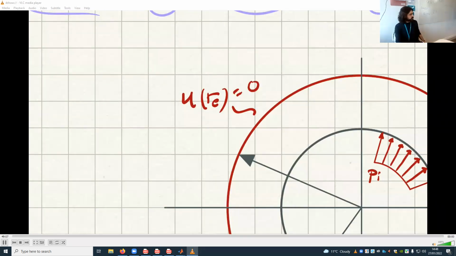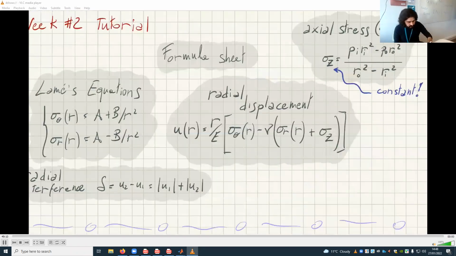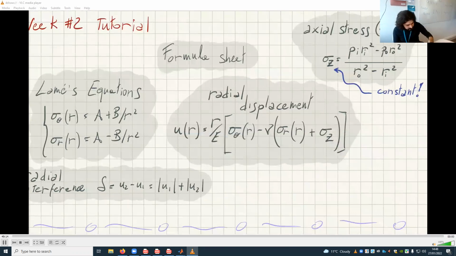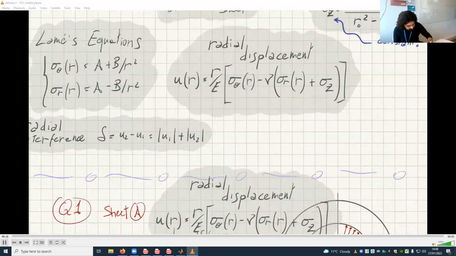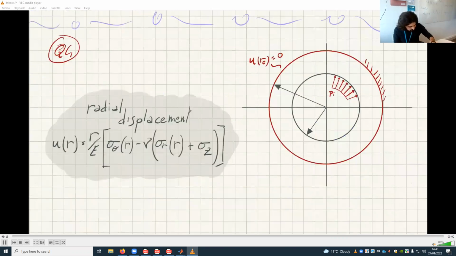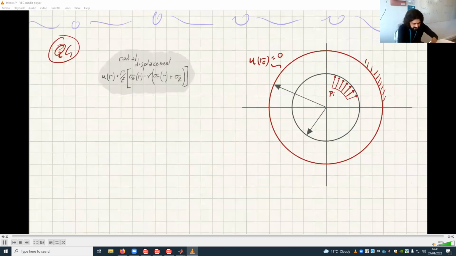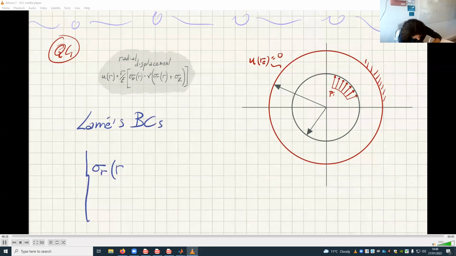That's the outer boundary condition. Now let's recall what u is. So if you go to Lamé's boundary conditions, you get that sigma r at the inner face is minus pi, as usual, and u of re at the external face equals 0. So this is another kind of boundary condition that you might find.